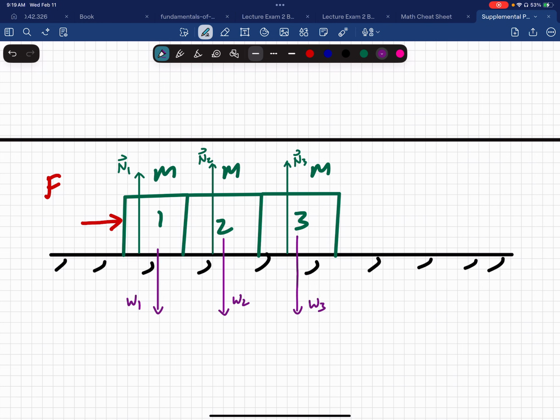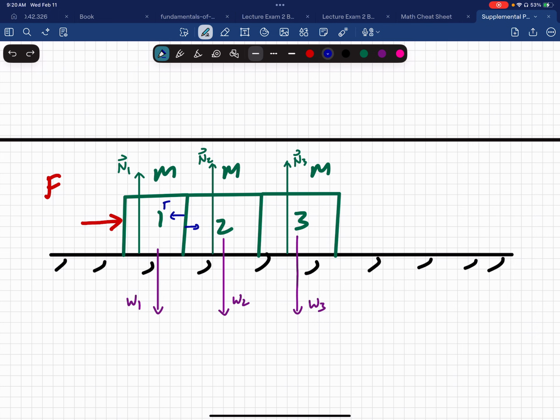Now the contact forces which we did last time, they will be equal and opposite from the contact of the adjacent masses. So for example, between 1 and 2, we already have understood that the contact force on 1 due to 2 is this.